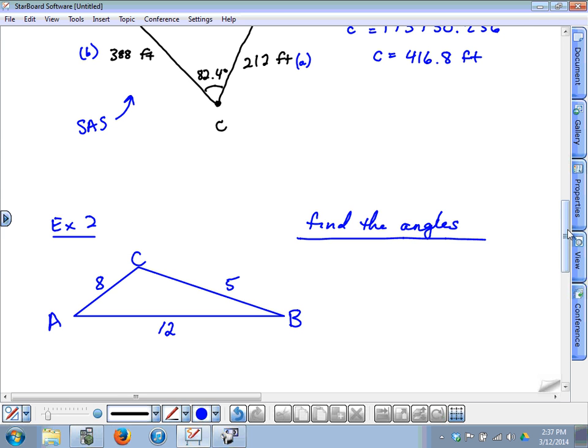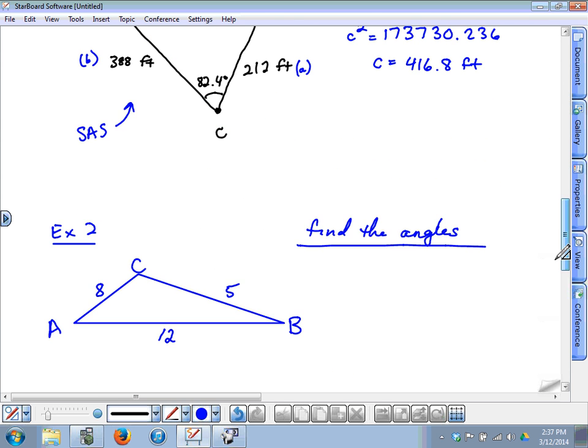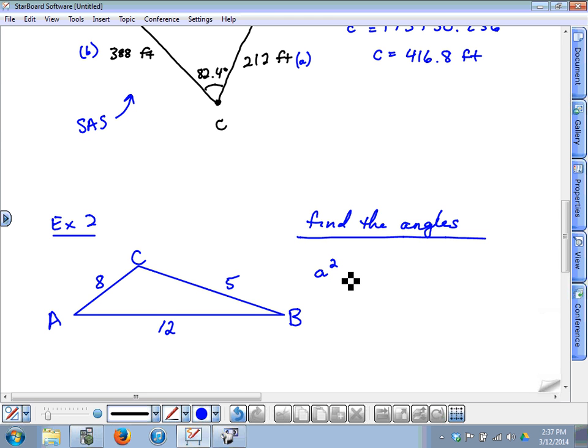So since we're solving for angle A, which version are we going to use? Well, we have to use a version that involves angle A, so we're going to use this as our unknown. A squared equals B squared plus C squared minus 2BC times the cosine of A. Okay.